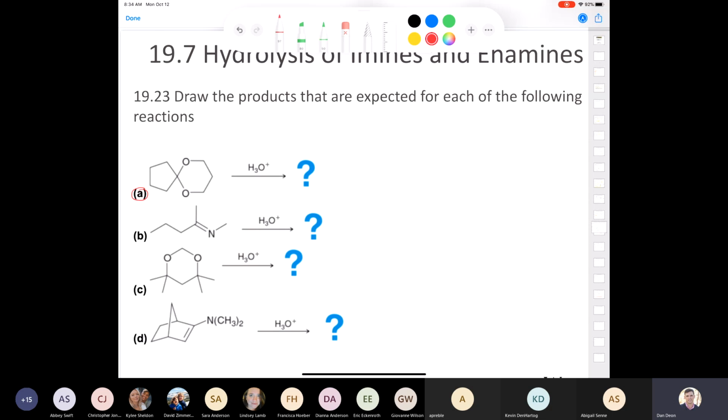If you're unsure, remember that when we have a carbon like that, it has 2 ethers attached to it, and then we have 2 R groups like this.